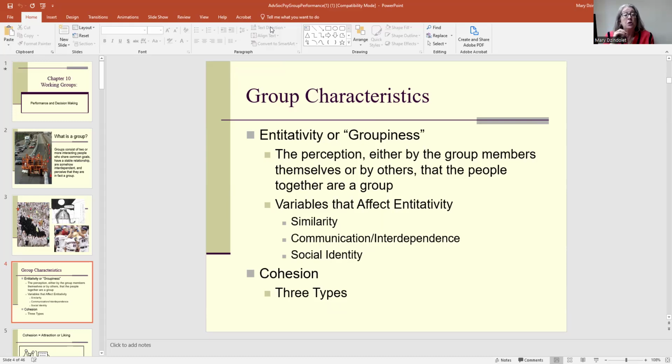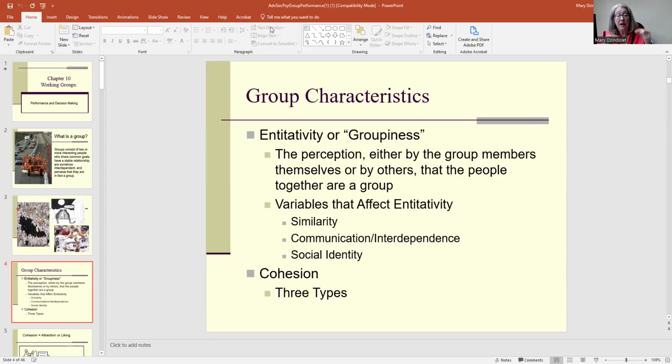We're not communicating as much as, let's say, a football team that's all on the field at that moment, or a basketball team, that in order for us to win this game, we are on the floor together, passing the ball back and forth, completely interdependent on one another. It's impossible for one of us to win without the others all winning. So you can see how the communication and interdependence is going to increase that feeling of groupiness. And then the last one is social identity.